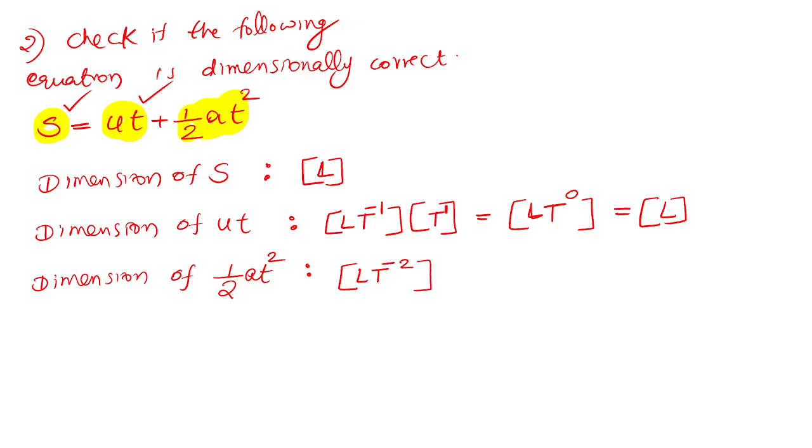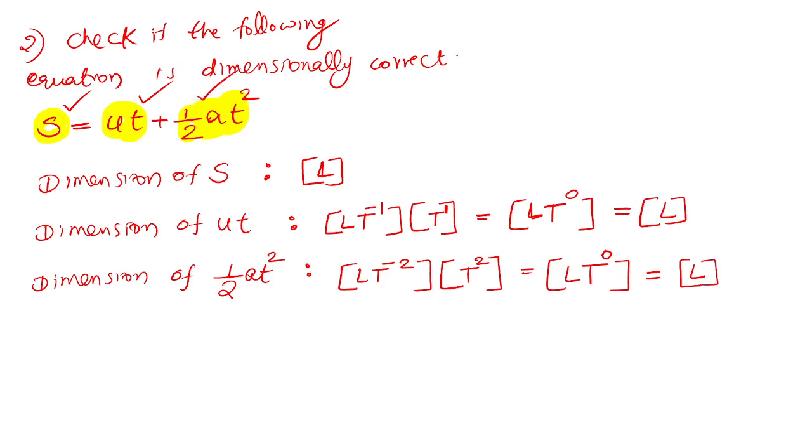You memorize acceleration and velocity. T square is T square itself. L into T raised to minus 2 into T square: the powers should be added. Minus 2 plus 2 will be 0. T raised to 0 is 1, so L.